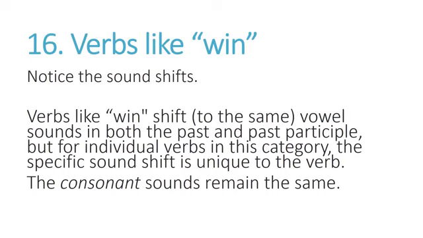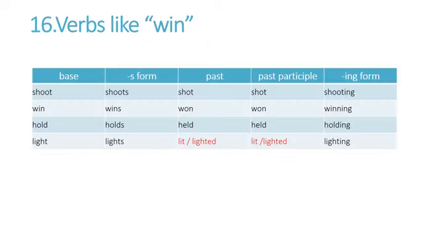Shoot, shot, shot. Win, won, won. Hold, held, held. Light, lit, lit. Now with light, they also have a regular past and past participle ending. You could say light, lighted, lighted.